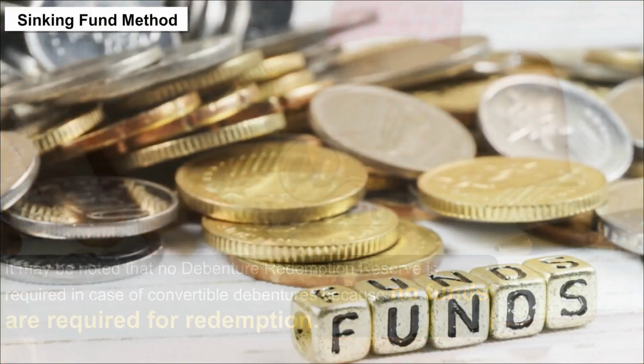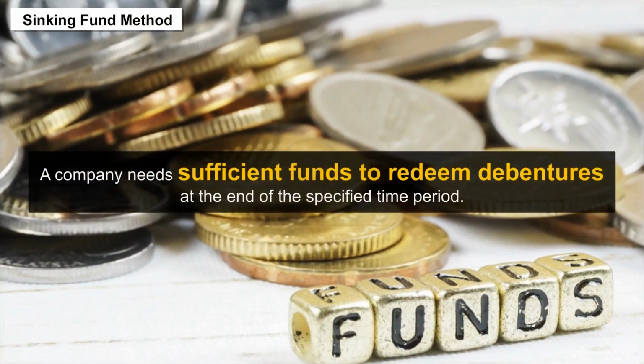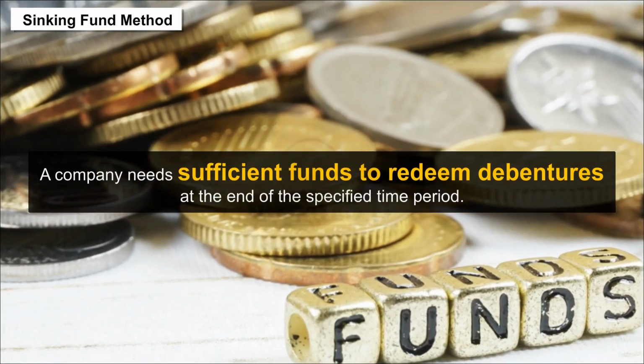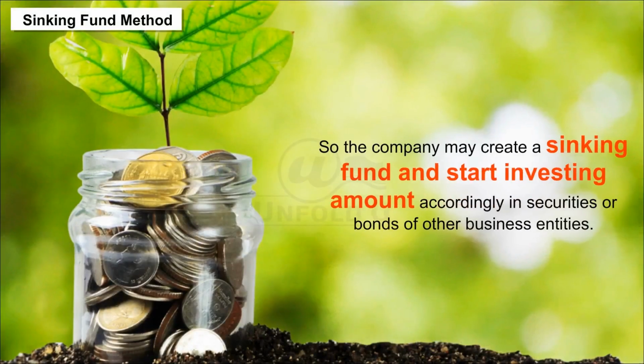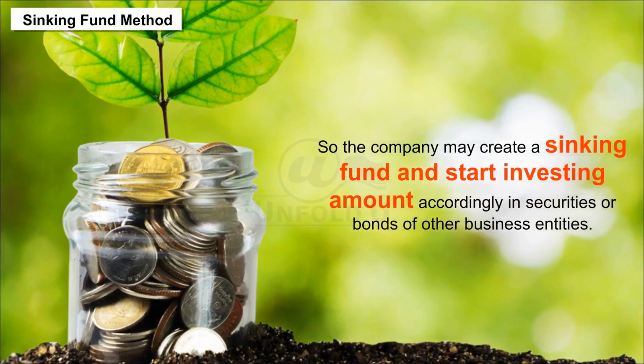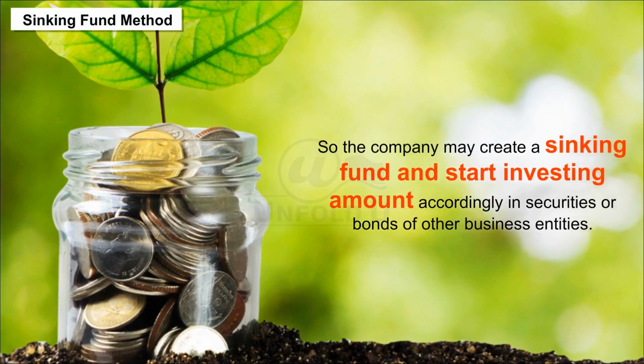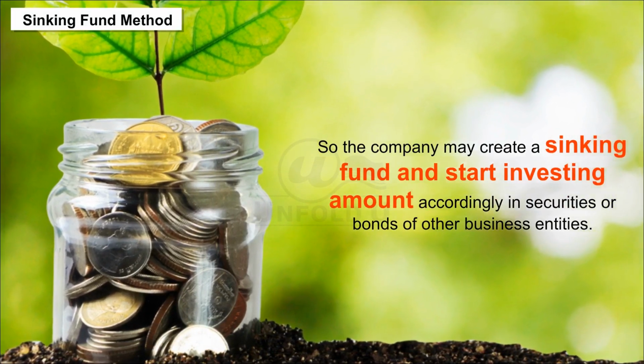Sinking fund method. A company needs sufficient funds to redeem debentures at the end of the specified time period. So, the company may create a sinking fund and start investing amount accordingly in securities or bonds of other business entities.